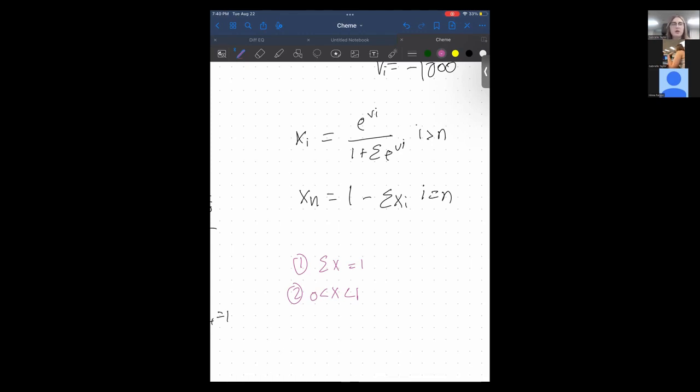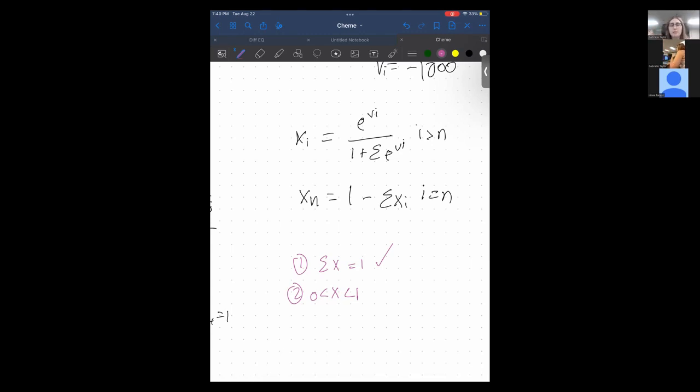It's never going to be bigger than 1 since we're subtracting from 1. And it's never going to be 0 because we have this 1. It's going to get closer and closer to 0, but it's never going to be 0 because of these e functions that we have, right?